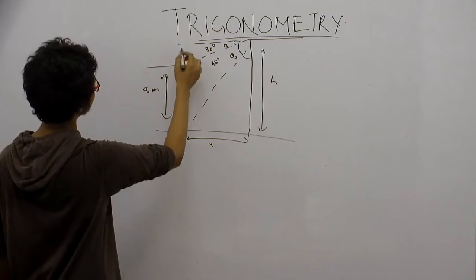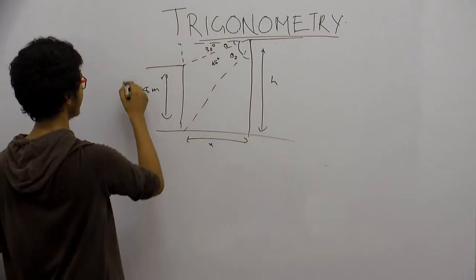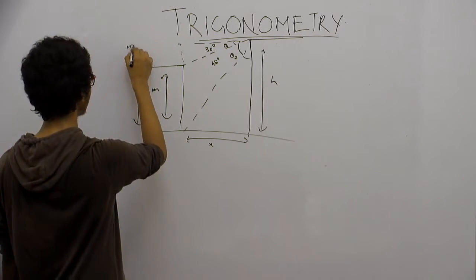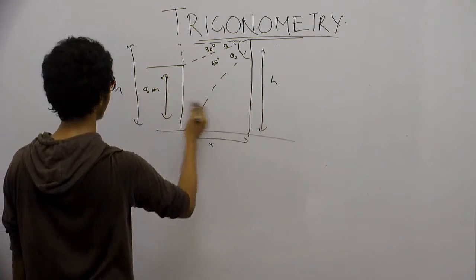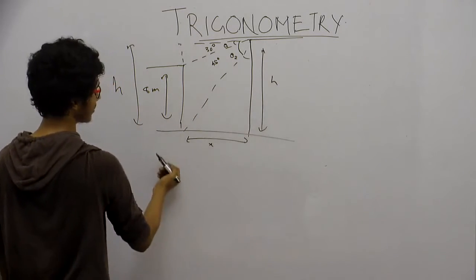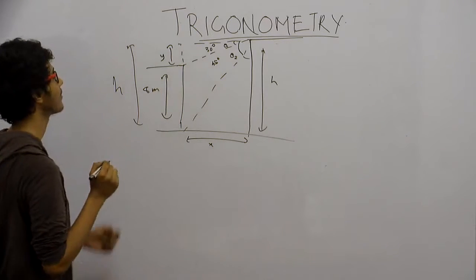Let's suppose this is the triangle, and this again is h, the height of the building and also the distance between them. Let's say this much distance is y.